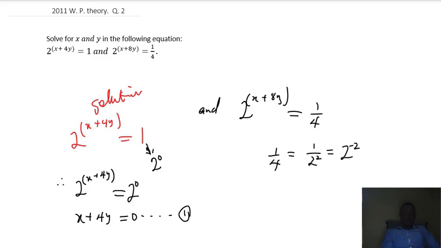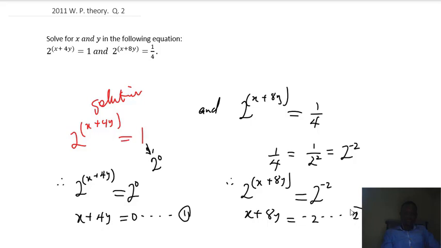So 1 over 4 can be replaced by 2 exponent negative 2. So let's have it in this form: 2 exponent x plus 8y equal to 2 exponent negative 2. With this one too, because the bases are the same, let's equate the exponent. So we have x plus 8y equal to negative 2. Let's call this one equation 2.